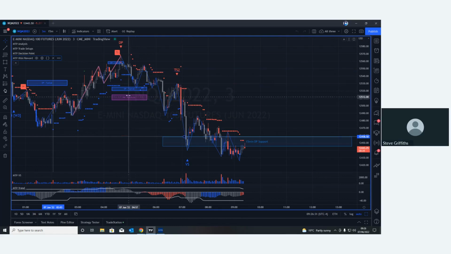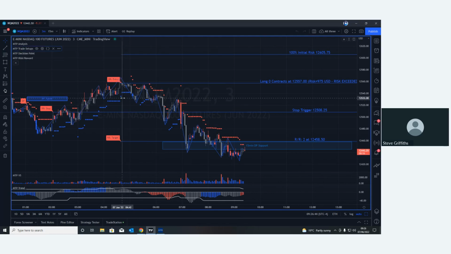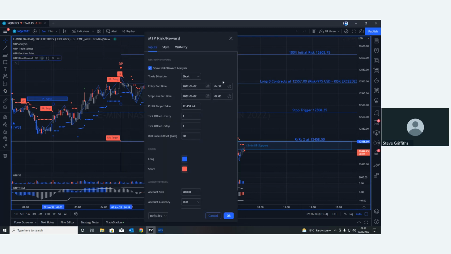There's the stop price. So the stop price will go above there. The entry price. There's the entry price. Got those slightly the wrong way around. I did that too quickly. Sorry about that, I did that far, far too quickly.